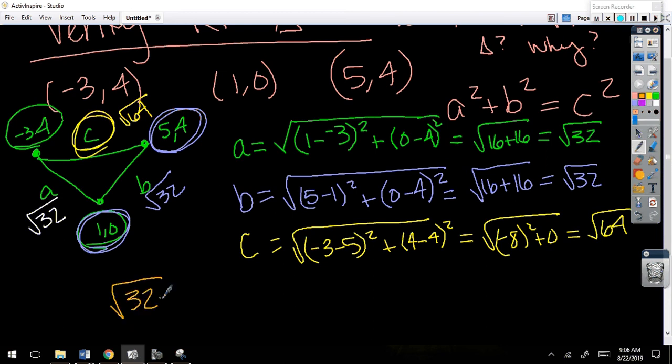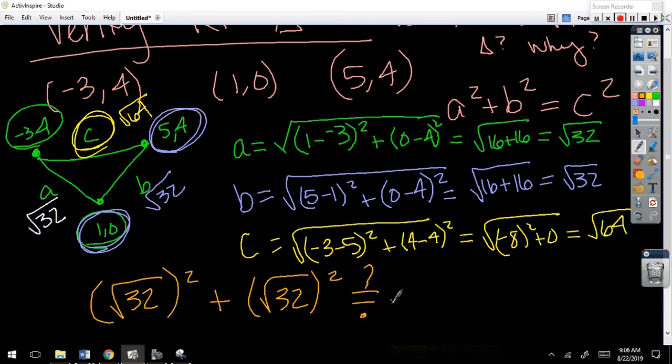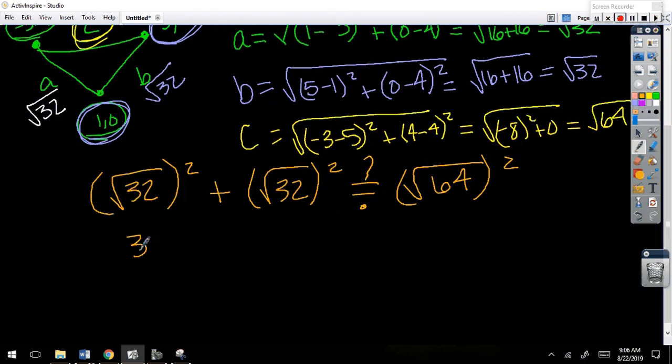The question is, does it equal c squared? What happens to a square root and a squared? They're opposites. They cancel. So this becomes 32 plus 32. Does it equal 64? Yes, it is a right triangle. You did say that, but you just didn't justify why.